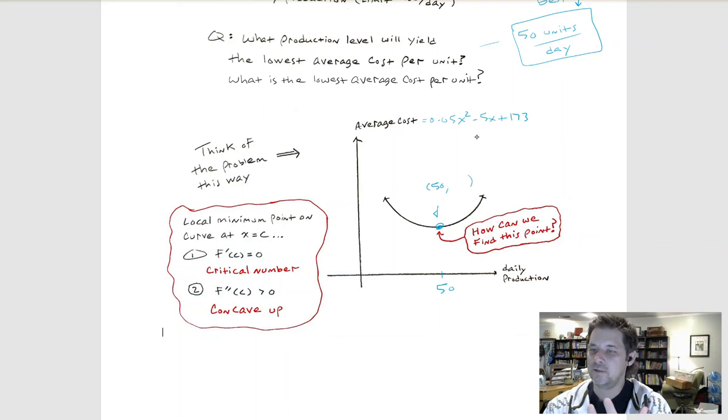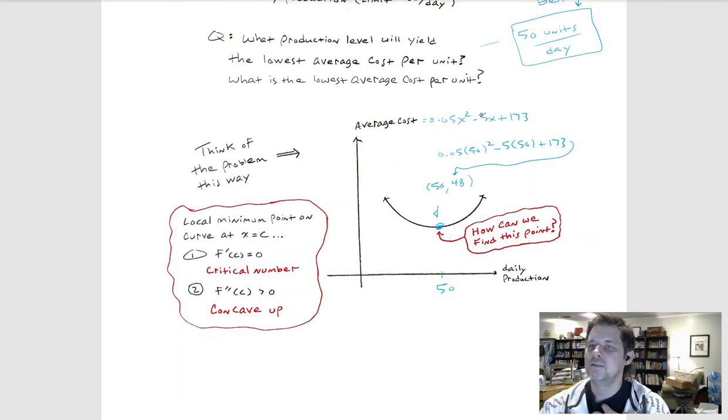If I do that, I'll get 48. In other words, if I do 0.05 times 50 squared minus 5 times 50 plus 173, then I get this number.